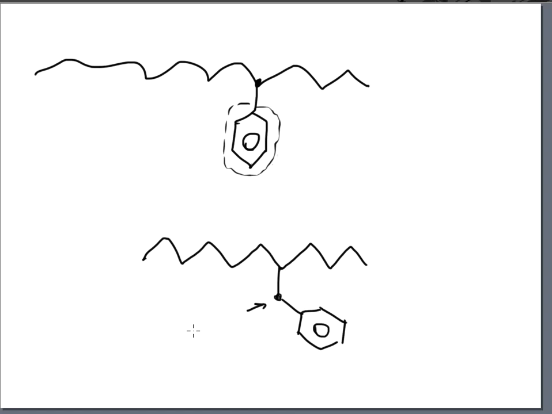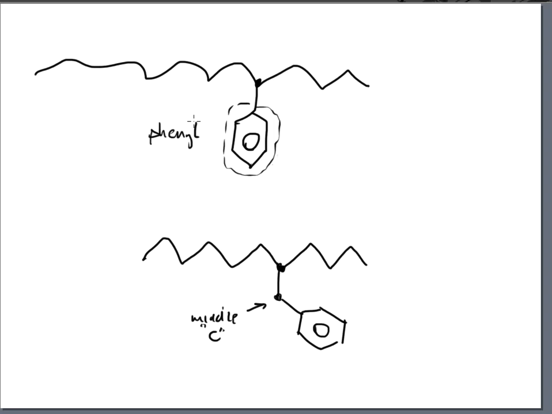There's a middle man, and this middle man is going to be a carbon. And then it's attached to the chain. So these two things are very common. They show up all the time in organic, and we have to be able to distinguish the difference between the two. If the benzene ring is directly attached to the chain, we call this the phenyl group, phenyl.